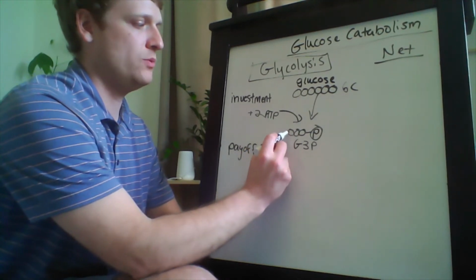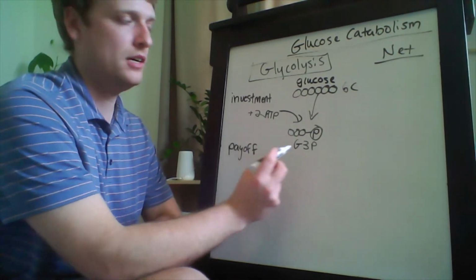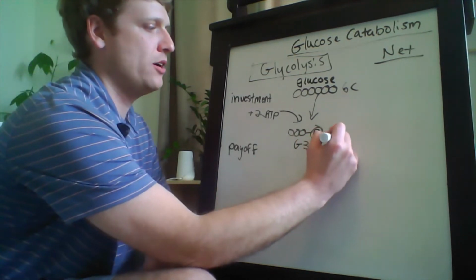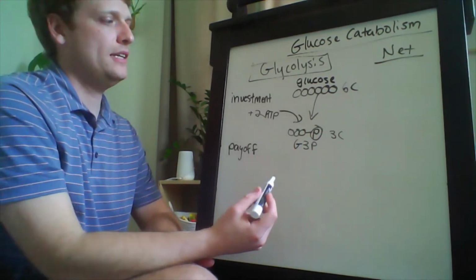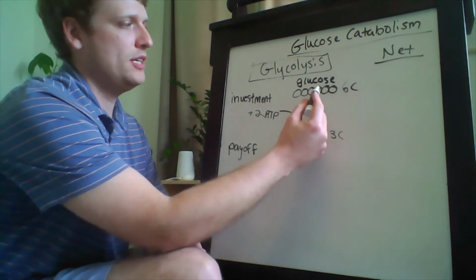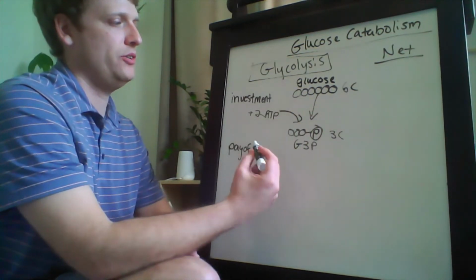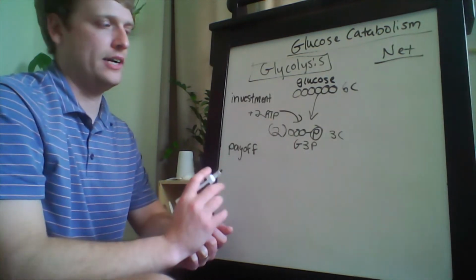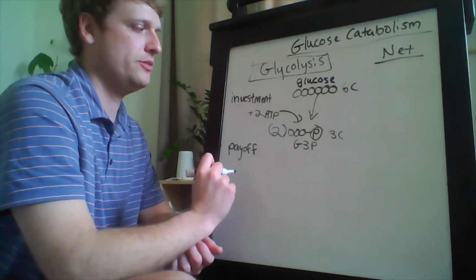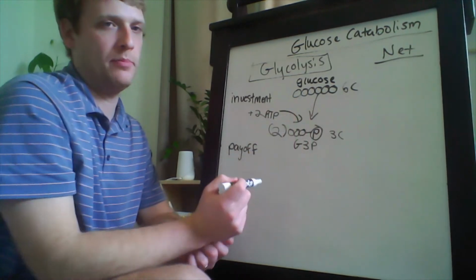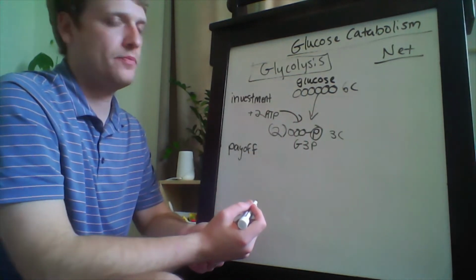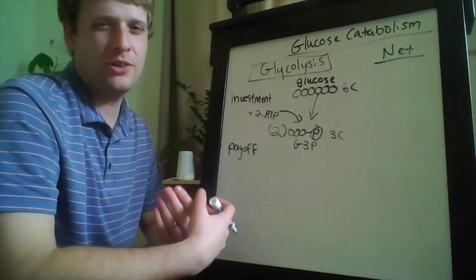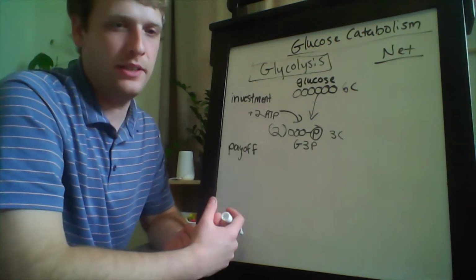You see it's got these 1, 2, 3 carbons, it's got the phosphate. So this is your 3-carbon. And since you're splitting this 6-carbon in 2, you actually end up with 2 of these glyceraldehyde 3-phosphate molecules when you split apart that glucose.